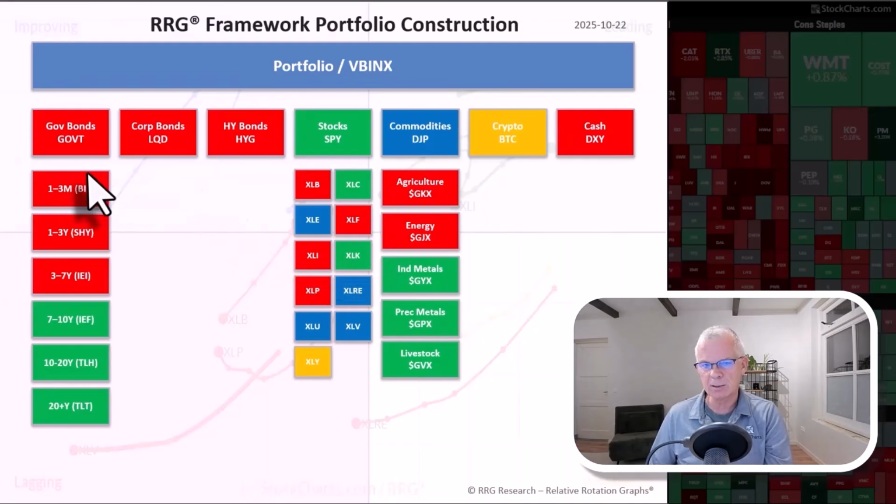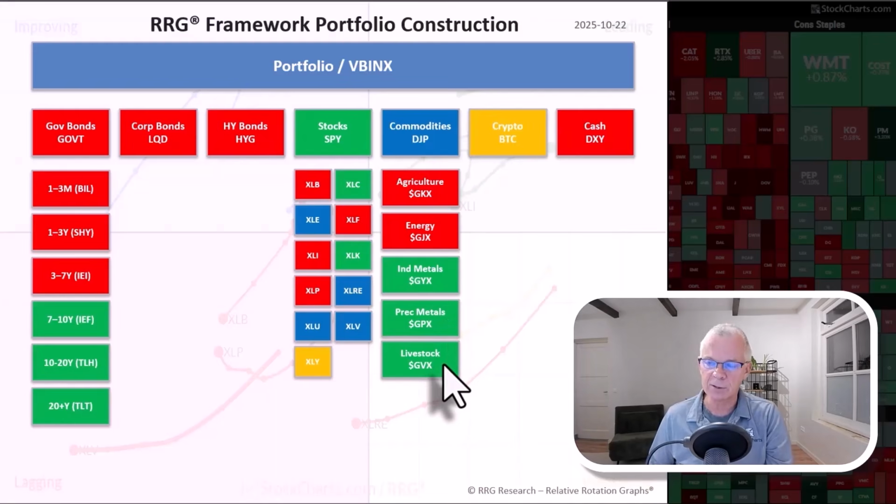And then inside government bonds, clearly the preference is with the longer dated bonds. Inside stocks, we are definitely looking at communication services and technology, followed by utilities, healthcare, real estate, and energy, and stay away from materials, financials, industrials, and staples. And inside the commodity complex, the focus or the expectations are highest for both industrial metals and precious metals, and also for livestock.